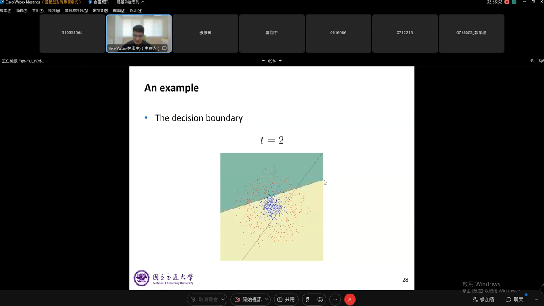We say h1 is associated with weight alpha 1. Similarly, h2 is associated with weight alpha 2. If alpha 1 is larger than alpha 2, in this situation we just have two weak learners, and the value of alpha 1 is larger than the value of alpha 2.